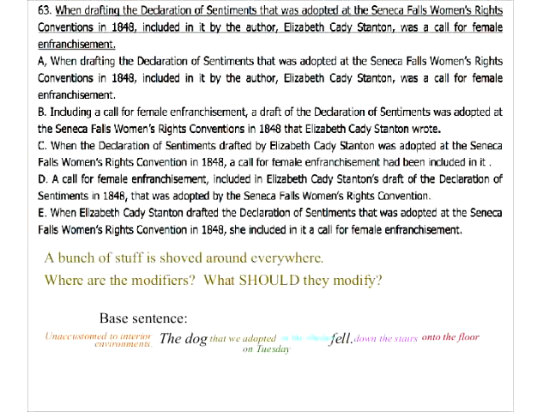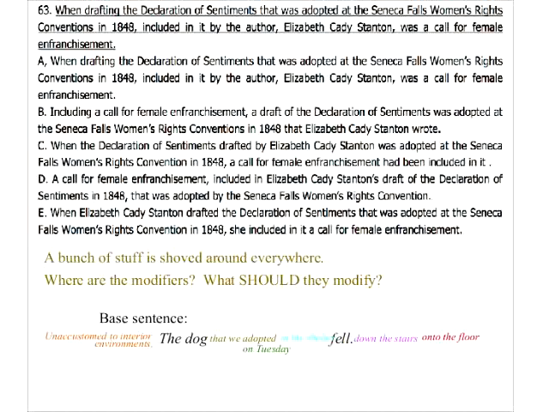So we now have 1, 2, 3, 4, 5, 6 modifiers, but there's still a sentence, which is the dog fell. So when you look at a bunch of stuff shoved around, what you should do is see what's modifiers and what isn't modifiers, and what are the things that modifiers are supposed to be describing.